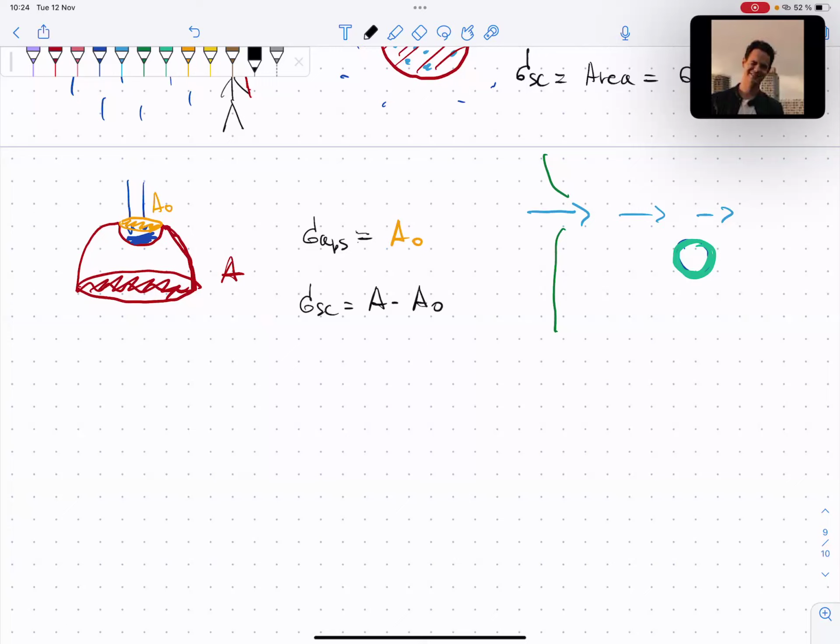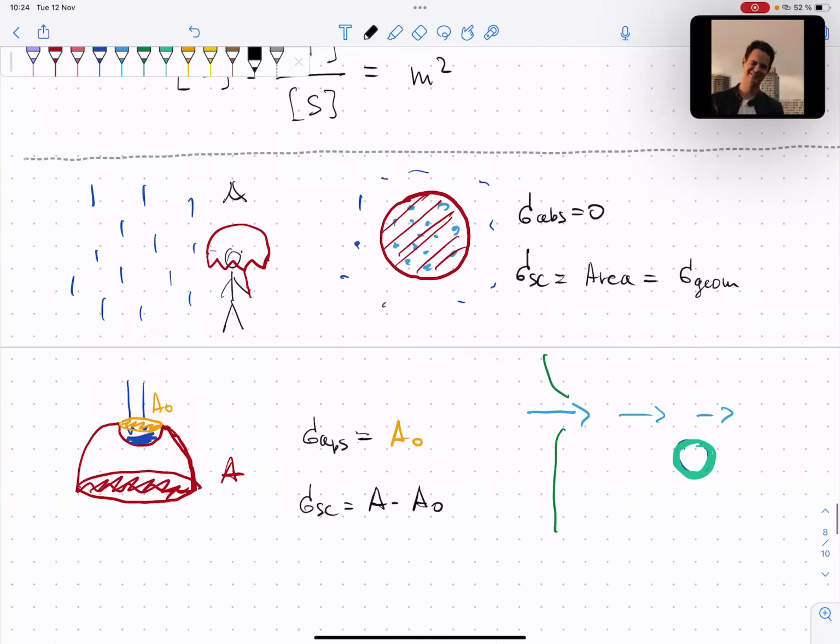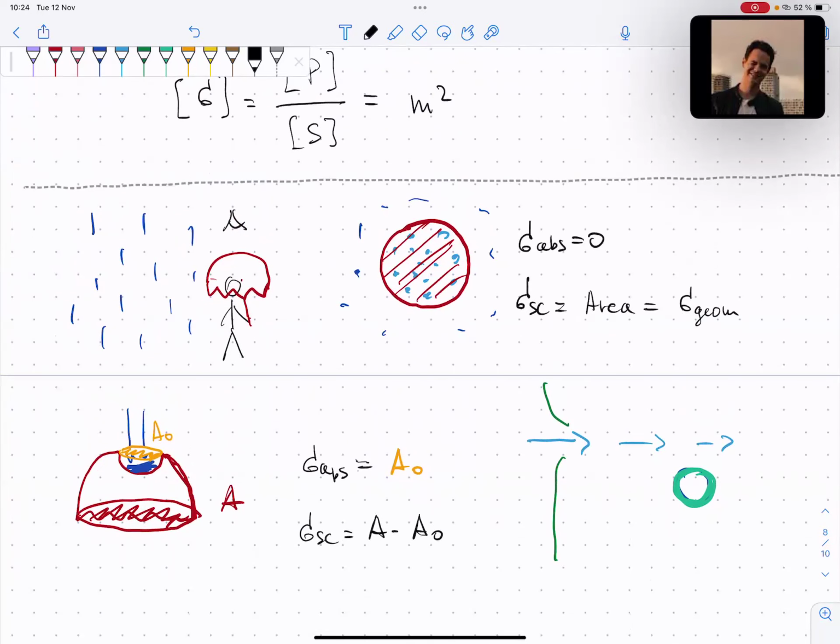Or you can have a very small object but a very big cross section, and basically it means that your photons feel this object as a very big object. So this is the simple geometrical meaning of the cross sections.